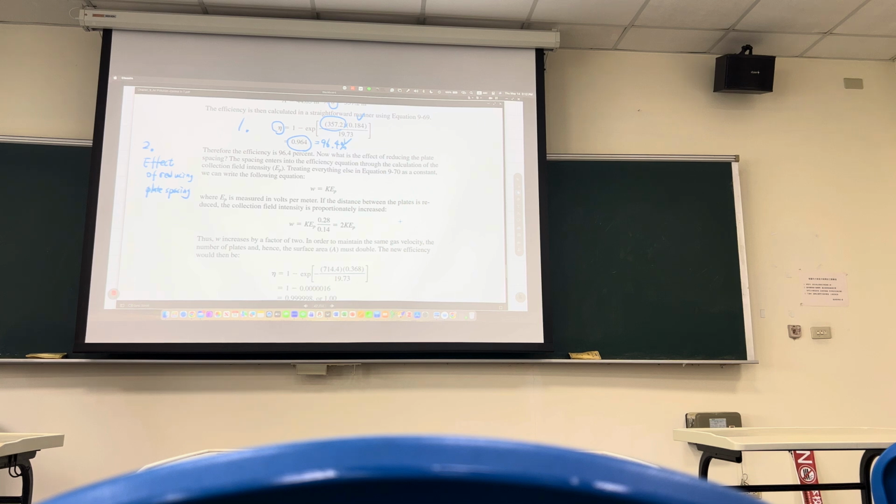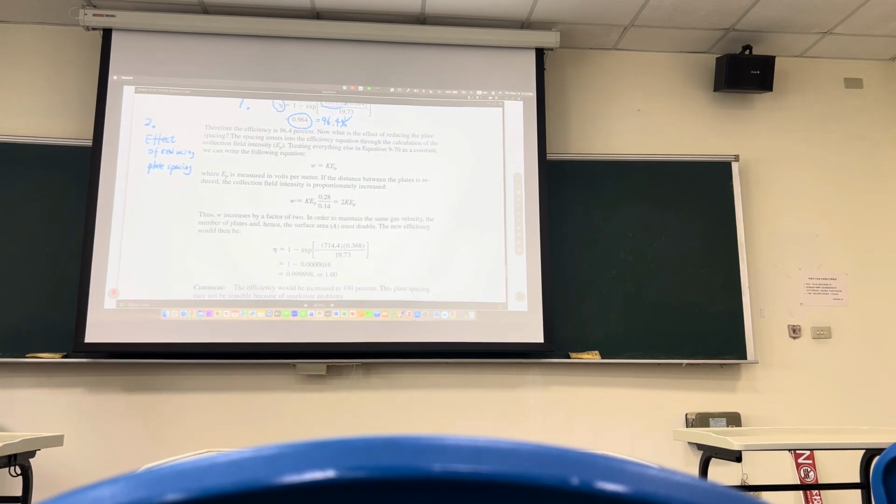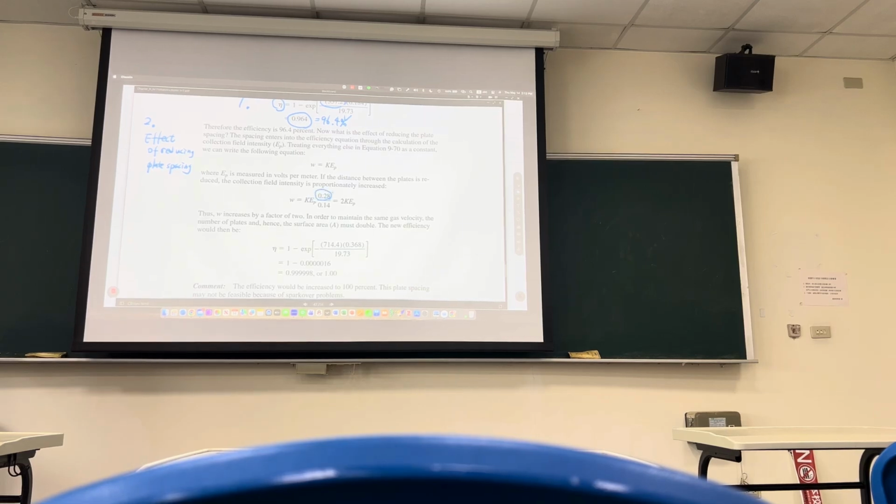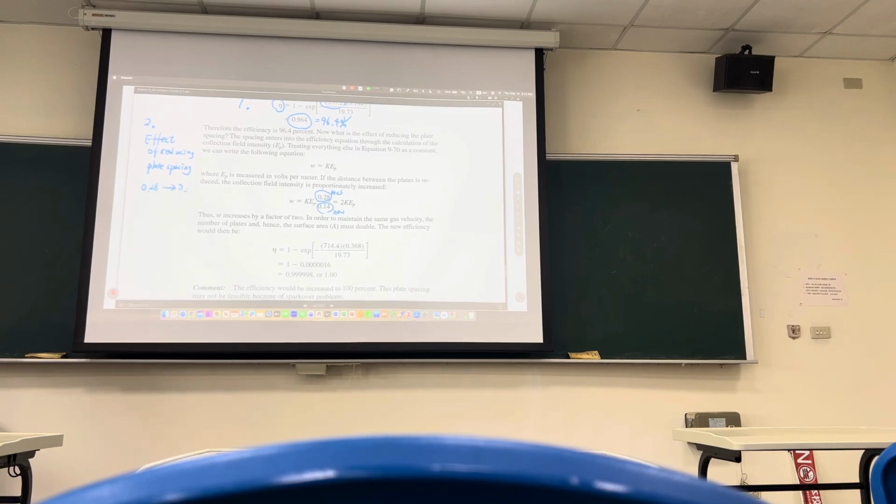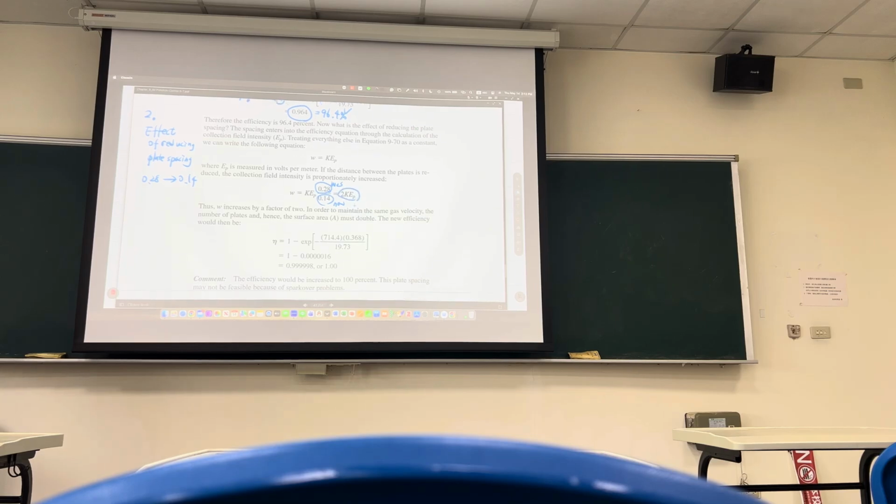Okay? So W equals KEP, and this was the original, and this is new. We want to reduce from 0.28 to 0.14. So this becomes 2 KEP.